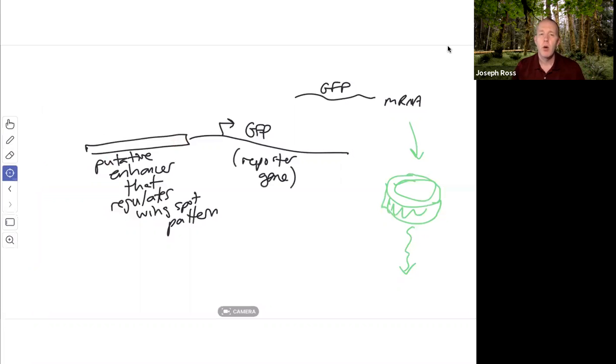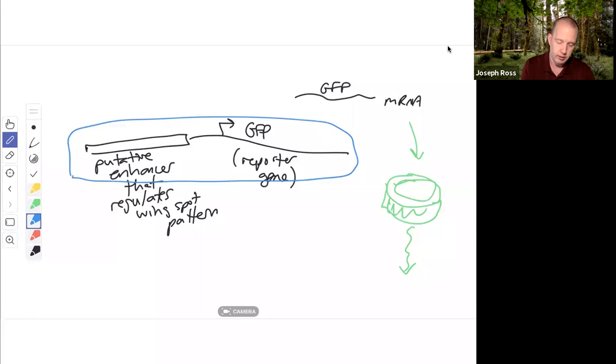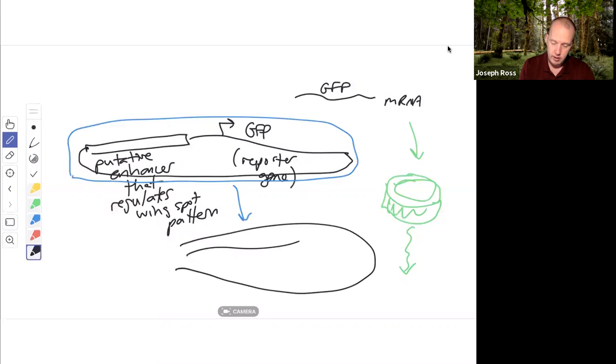So in other words, what you can do is you can insert this construct, which I'll circle in blue. So this DNA construct would probably be a plasmid, or it might be integrated into the genome of the Drosophila melanogaster. So you put that in a Drosophila melanogaster wing, right? These flies don't normally produce wing spots.